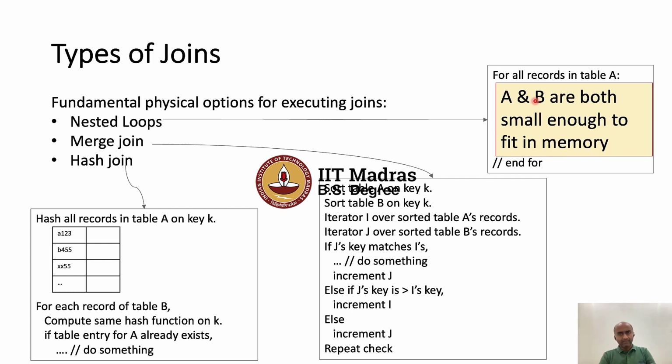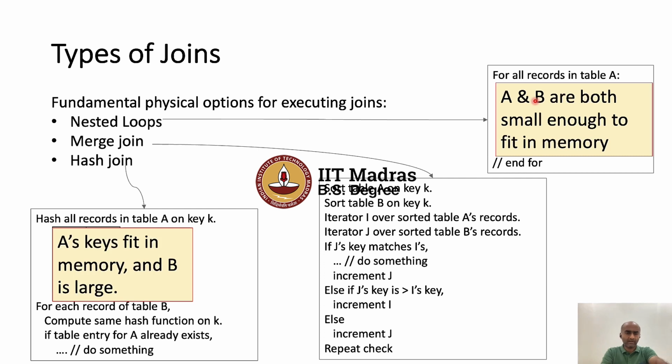By the way, the notions of algorithmic complexity, the time it takes to execute an operation, etc. All of that theoretical analysis is applicable only if the data fits in memory. So for this nested loops approach, you're going to have an order n square, assuming n is the rough order of magnitude of size of data for both A and B.